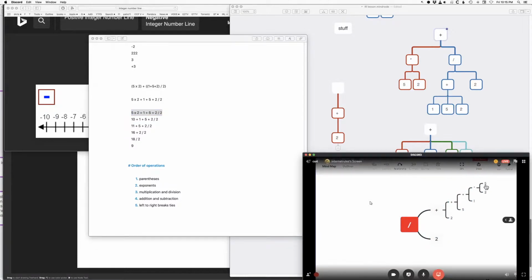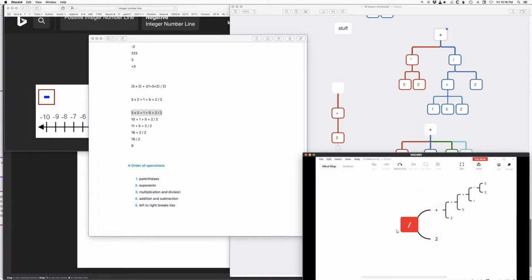You went through and you were like 5 times 2 is 10, plus 1 is 11, plus 5 is 16, plus 2 is 18. And you have the 18 divided by 2. Can I make, okay, so this, and then I can have it show like 10.